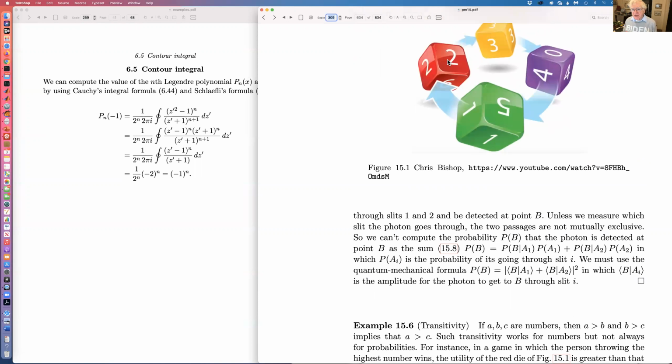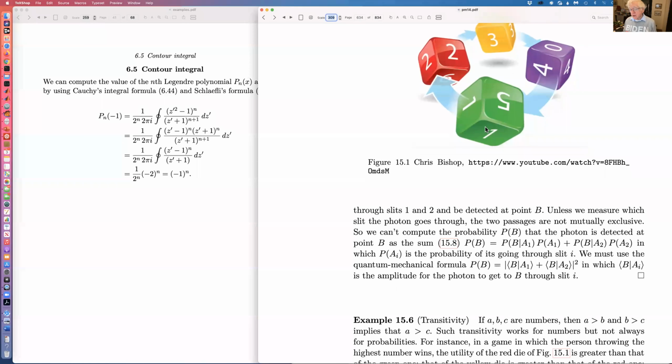So with the red die, let's see, if the red comes out 2 and the green comes out 1, then red is ahead. If the red comes out 6 and the green 5, red is ahead. But then there's also the possibility, though less frequent, that the red comes out 2 and the green 5.